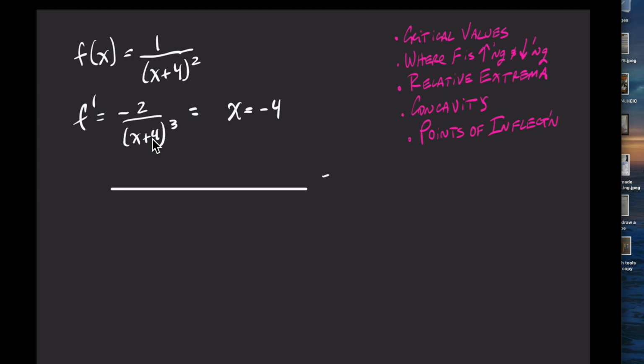So here's our first derivative, -2 over (x plus 4) cubed. Unfortunately, we can't eliminate anything here because these can be negative. So we put our critical value of x equals -4 here, and evaluate -10 here and +10 here. If we have -10 here, we're going to have a negative over a negative, which results in a positive.